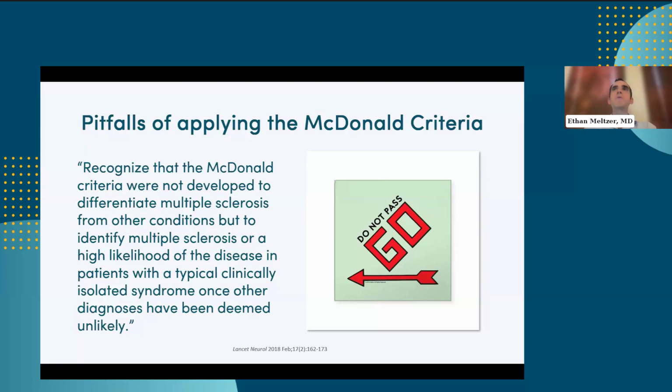It was really used when there was already a very high pretest probability of MS and a very low pretest probability of other conditions. So we really shouldn't be using this to narrow down the differential. We should be thinking about the differential first, and then, if MS is most likely, asking whether it fits with this. The emphasis is that it needs to be a very typical presentation, and other things need to be unlikely. Yes, MS can be atypical, but I'm not going to use the criteria to shoehorn a patient into that diagnosis.